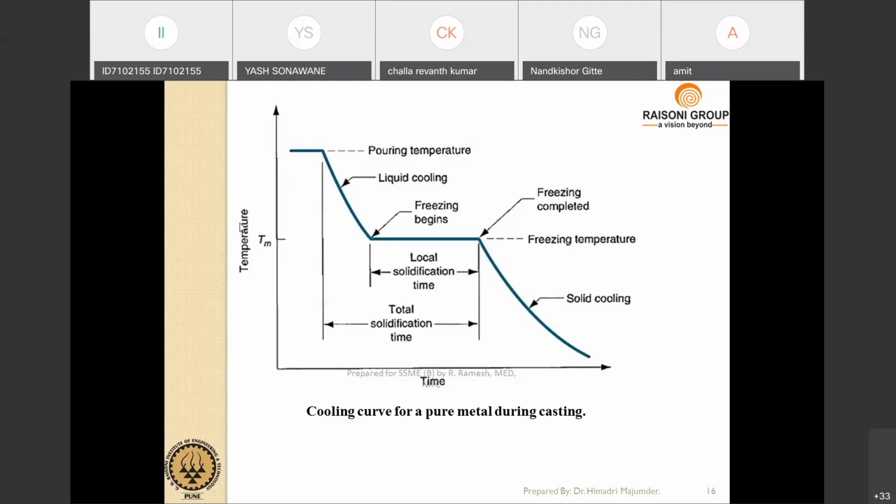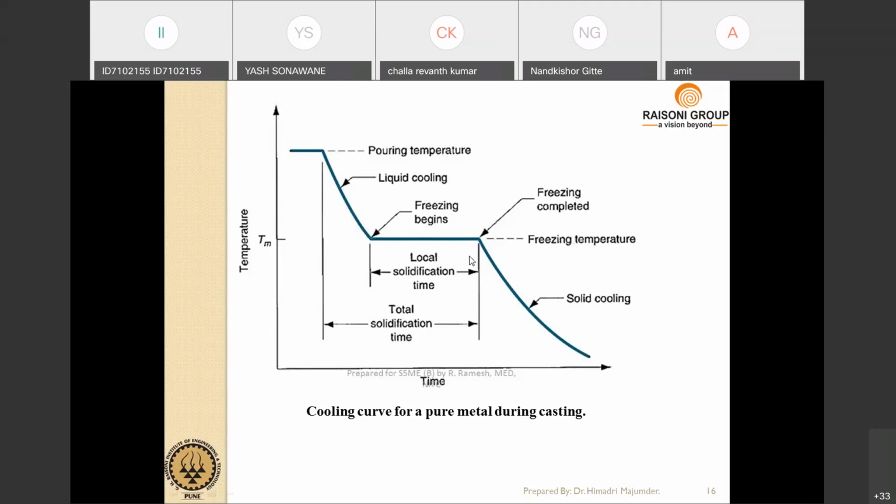After sufficient decrease in temperature, the freezing will start. Freezing will start means that the liquid material starts solidifying. It is written freezing begins. So this is your freezing point or freezing temperature.